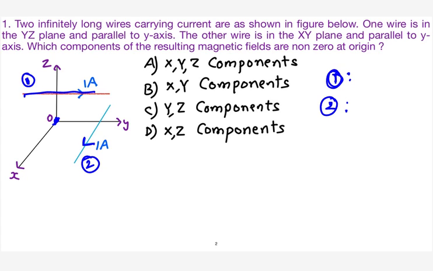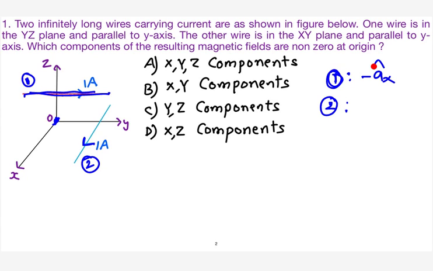Into the paper. Into the paper means, can you tell me what is the specific direction? Because this is located in the YZ plane, right? So which is coming outside of the paper is positive X, and which is going inside of the paper is negative X, isn't it? Good, negative X. So if you start with your right hand, the magnetic field results in the negative X direction. Very good.